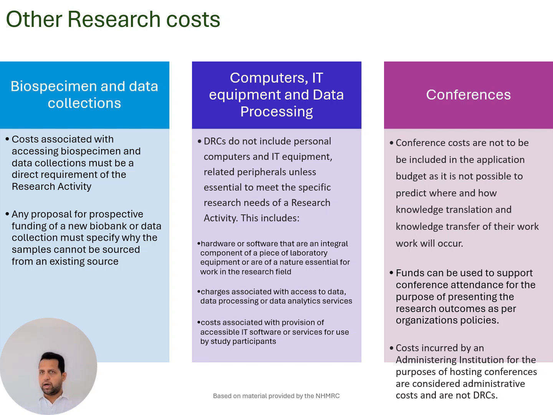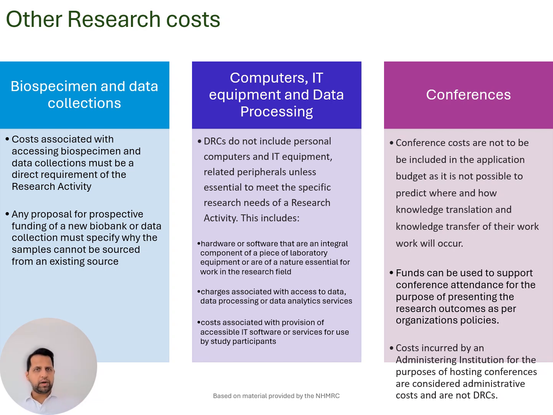However, if you can't access a currently available biobank or a data collection facility, then you must tell NHMRC why it can't be done and why a new biobank needs to be established.